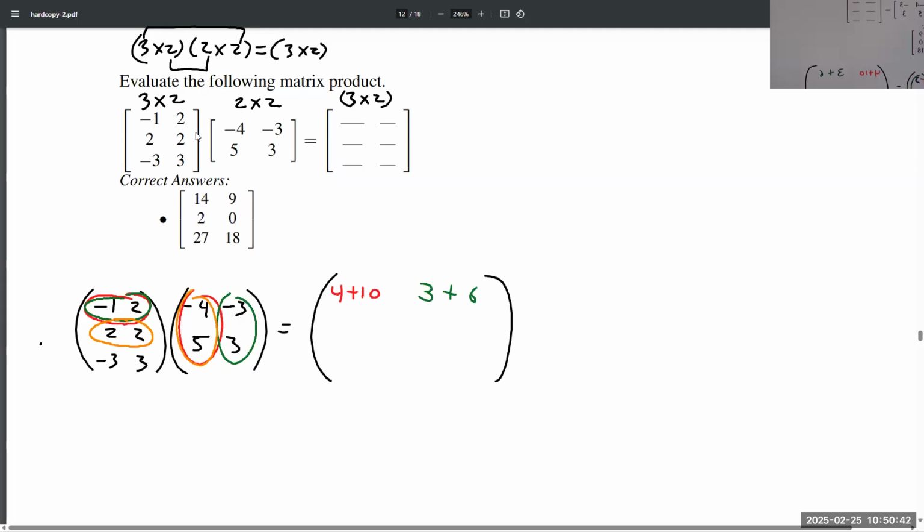So this will be 2 times -4 is -8, and 2 times 5 is 10. Find that to be +2. Now we want second row, second column. So that would be -6, and this would be +6, and we'll find that to be 0.